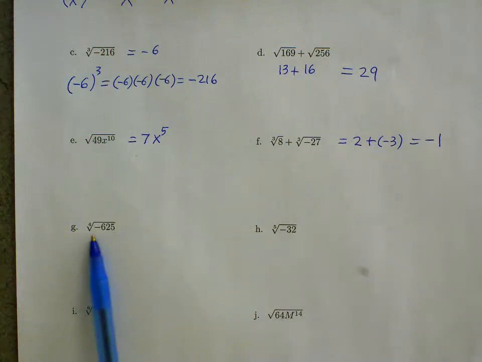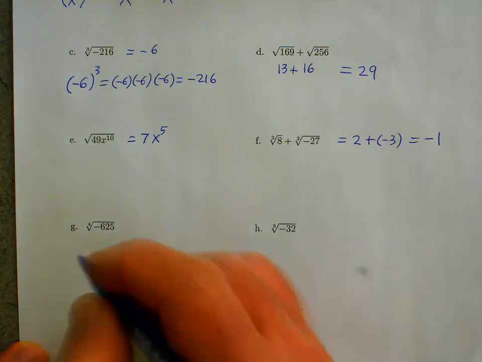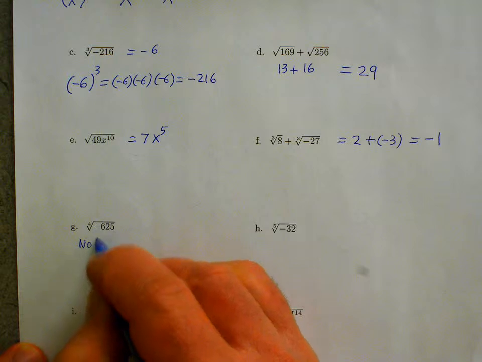The index of this radical is 4. So if the radicand is negative and the index is an even integer, then it's not a real number. So this is not a real number.